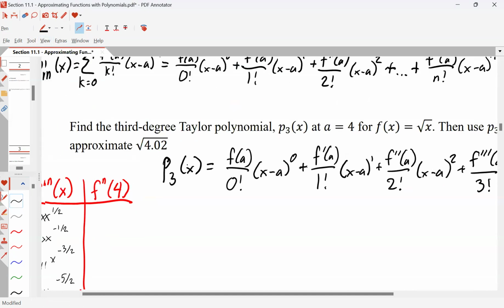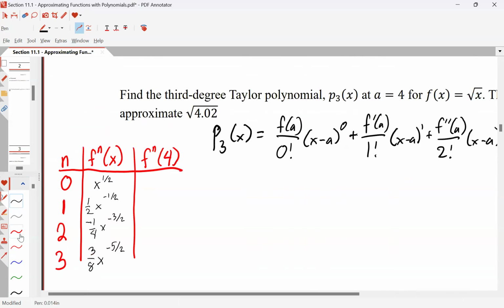Now, when I plug in 4, the square root of 4 is 2. When I plug in 4 to the first derivative, I'll have 1/2 times 1 over 2, as we have that negative exponent sending the square root of 4 to a denominator. So 1/2 times 1/2 is 1/4. The second derivative is going to be negative 1/4 times 1 over 2 cubed.